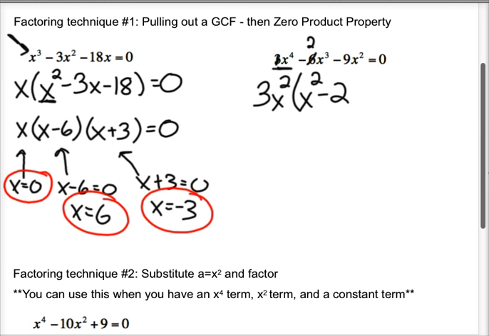So I'm going to have a minus 2. X cubed divided by x squared, 3 take away 2 will just leave me the x. Negative 9, and I'm dividing 3 out. Well, that's going to become a 3 then. And x squared, I'm pulling the whole x squared out. My variable is out of that last term completely.